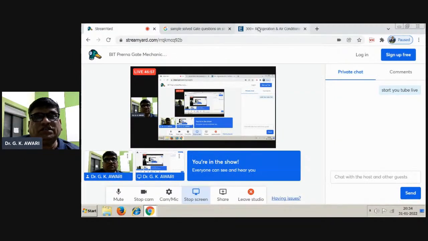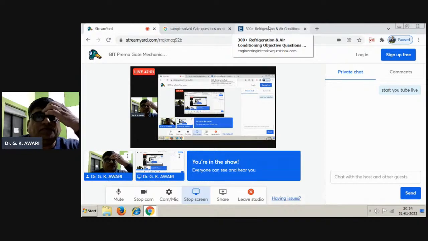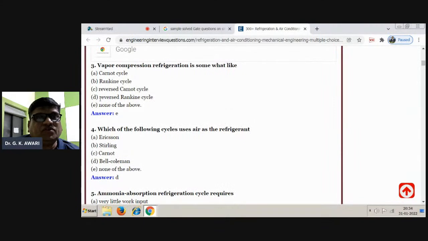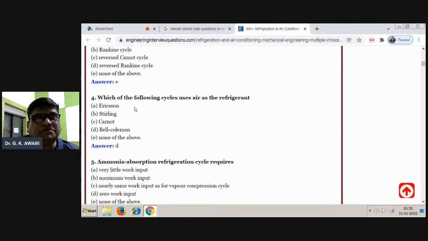Whether it is Carnot cycle, Rankine cycle, reverse Carnot cycle, reverse Rankine cycle, or none of the above.